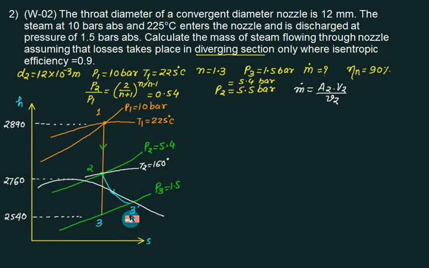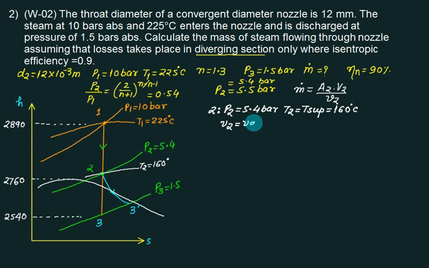Point 2 is inside the dome. P2 equals 5.4, T2 equals 160, this is superheated. So what is V2?